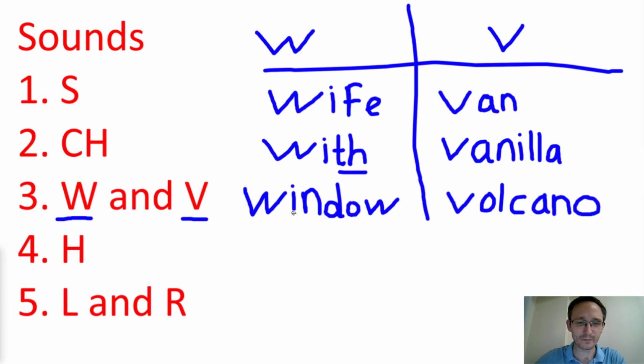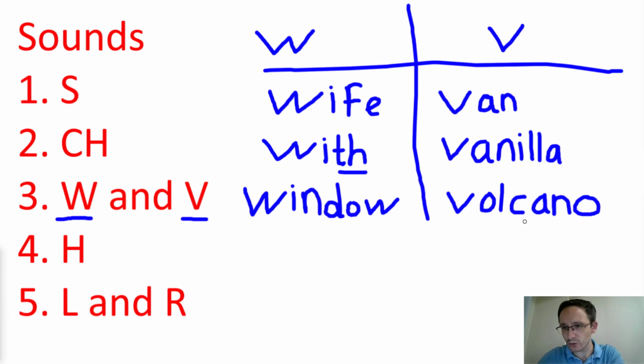So we have two words again: window, and volcano, volcano. A volcano is like a mountain, but it erupts with hot lava. Okay? All right, so those are the V sounds, V and W.